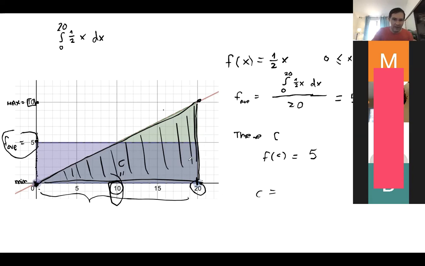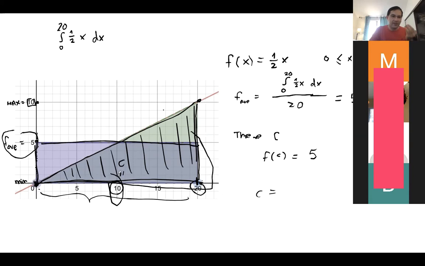On the other hand, we have this rectangle. Here is another rectangle.